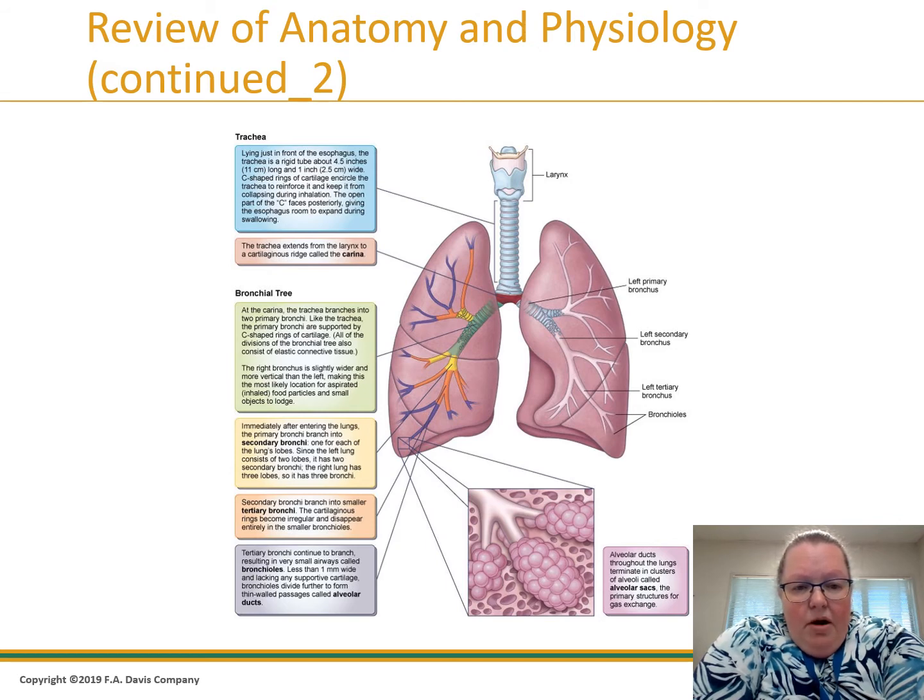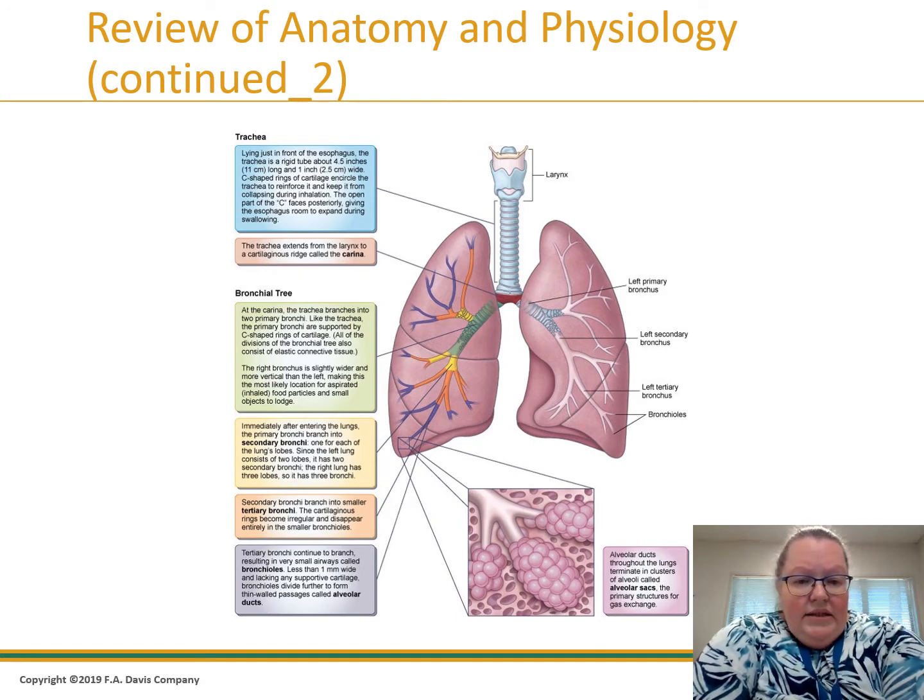The open part of the C faces posterior, giving the esophagus room to expand during swallowing. The trachea extends from the larynx to the cartilaginous ridge called the carina.